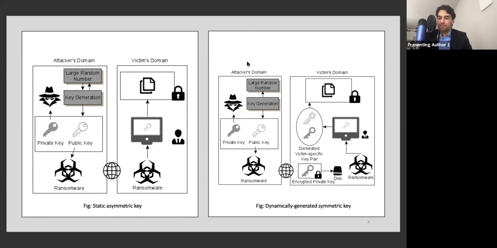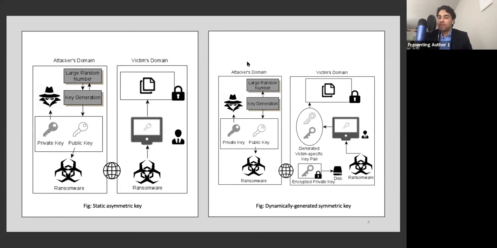In the other diagram on the right-hand side, you see that the ransomware developers are again generating a public-private key pair on the server side, in their domain, and then propagating this infection binary to the host, where the infection binary will actually generate, using the victim's crypto API, a new key pair.